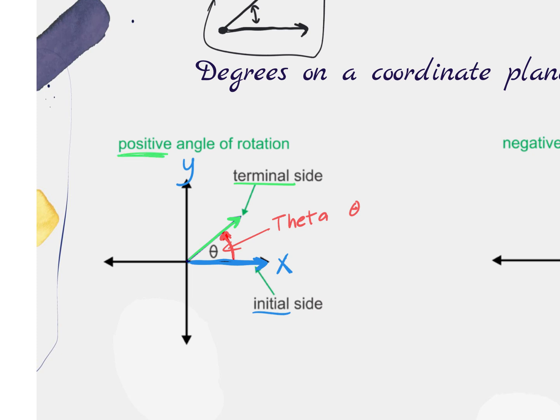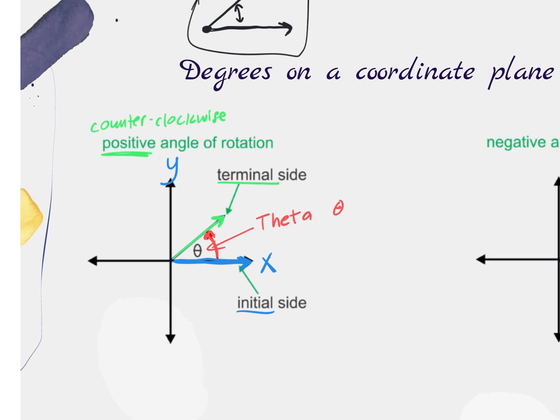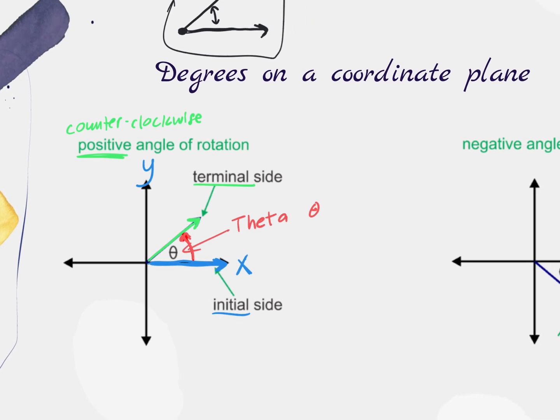So positive in this case is going to mean counterclockwise. You can see this specific angle that's shown here. I don't know what measurement that is. I'm going to say that this is about 45 degrees. It looks about in the middle, so I'm going to say 45 degrees. I don't really know how much.